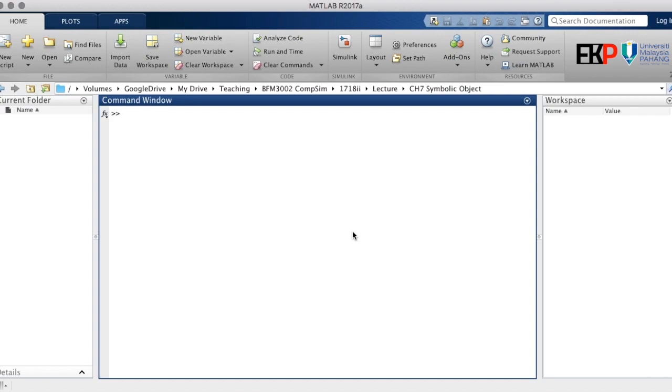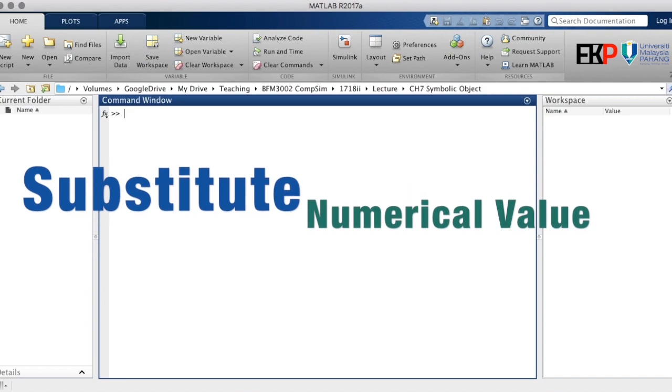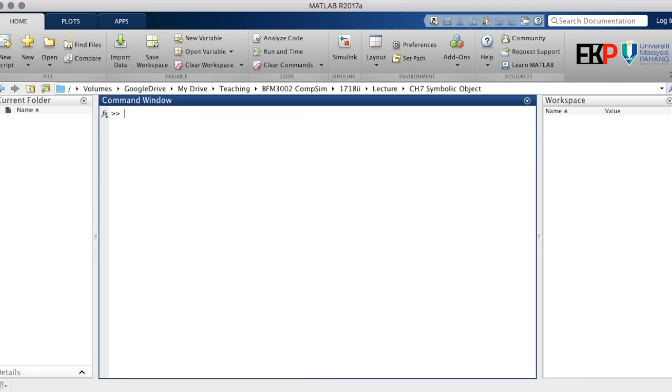Now let's see how we can substitute a numerical value in a symbolic variable. For example, let's say we define x as a symbolic object, and we have a symbolic expression of s equal to 0.8 times x to the power of 3 plus 4 times the exponent of 0.5 times x.